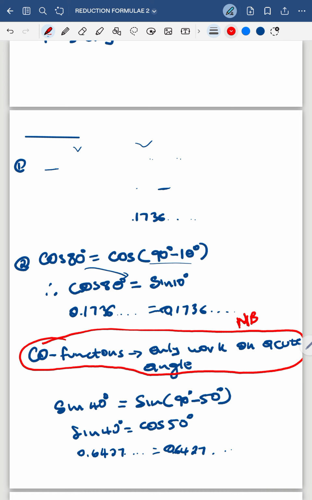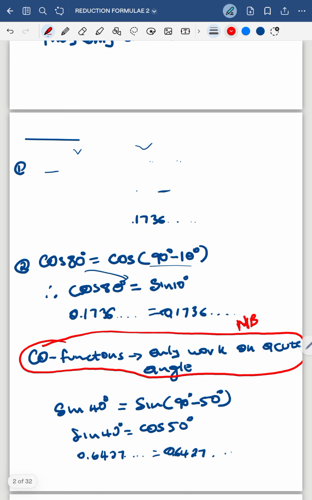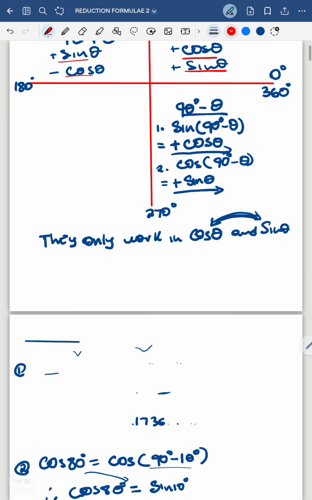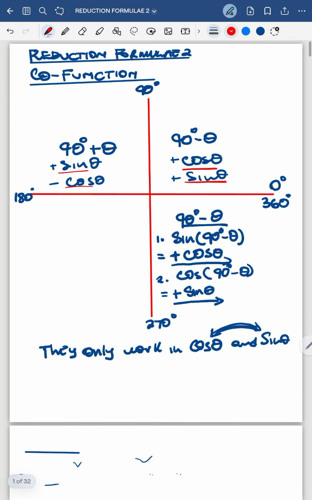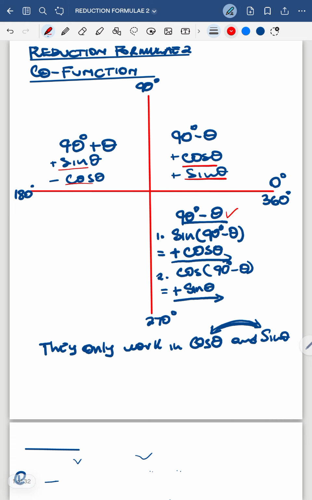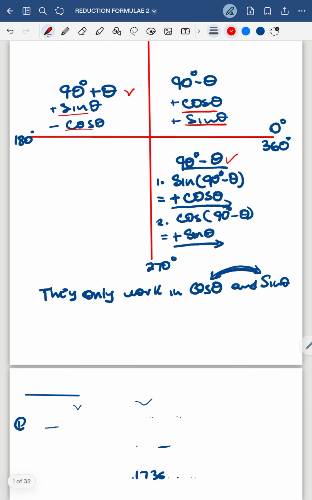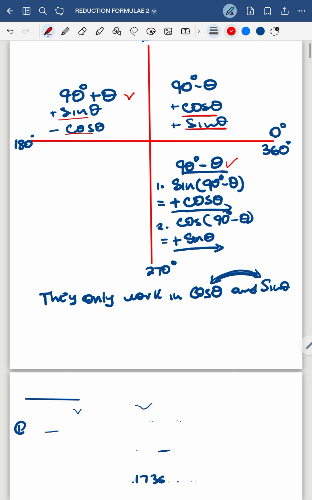We were dealing with cosine of 90 degrees minus theta, and now we are done with 90 degrees minus theta. Let's go to 90 degrees plus theta, which is the second quadrant.